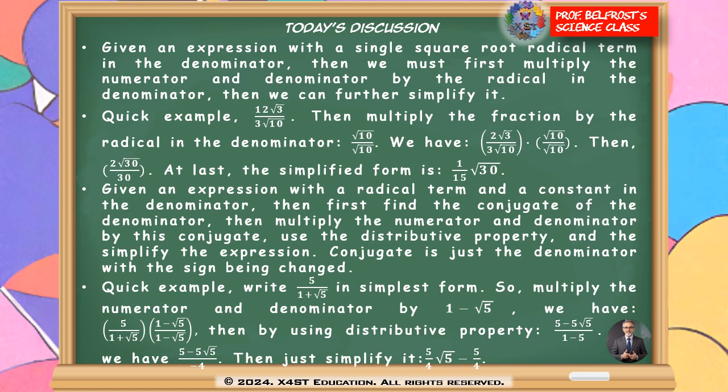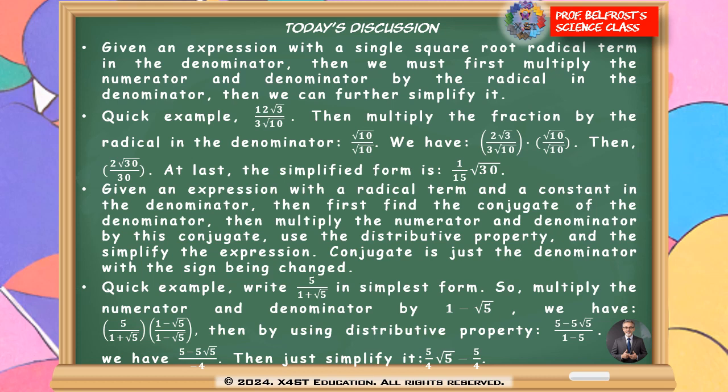So we have the expression that's shown in this slide. Then we obtain 2 times square root of 13 divided by 3 times 10, or 13. So we can simplify it further. So we have 1/5 times square root of 13.